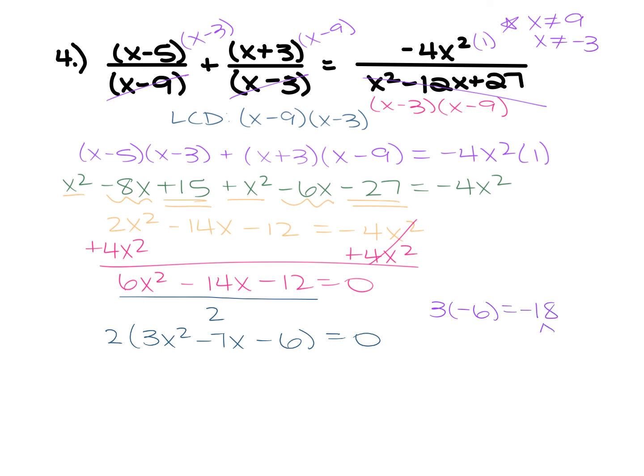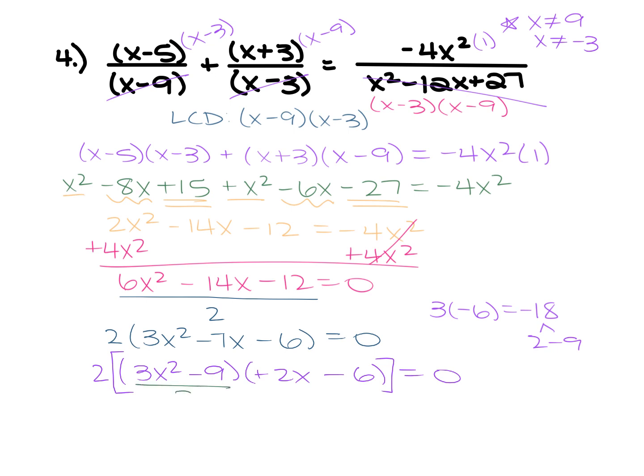The factors of negative 18 that add to be negative 7 are 2 and negative 9. So it's going to give us 2 times 3x squared minus 9x plus 2x minus 6 is equal to 0. Remember, there are brackets around all of this, and we're factoring by grouping.